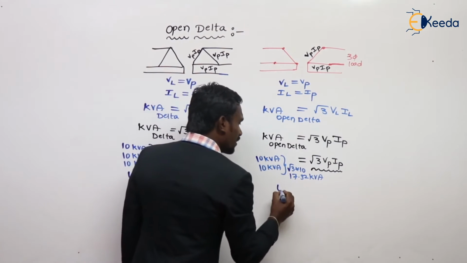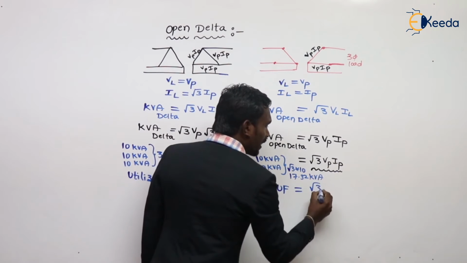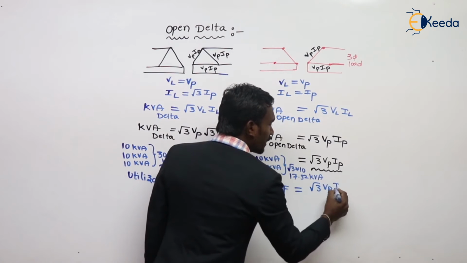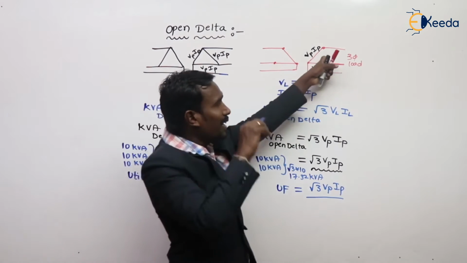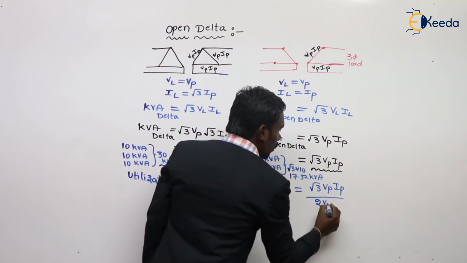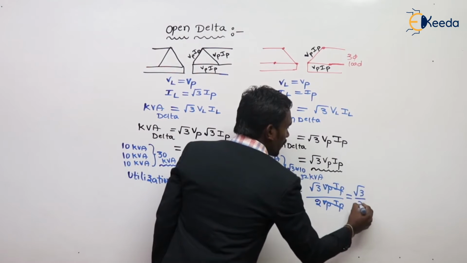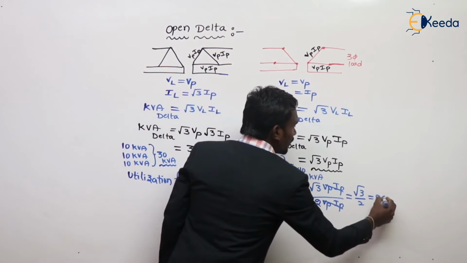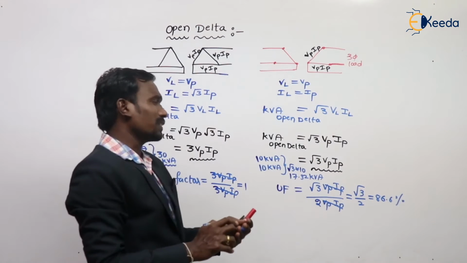But in open delta, the utilization factor is equal to load kVA divided by total kVA. Load kVA is root 3 times V phase I phase. The total kVA here is 2 transformers with V phase I phase each, so 2 times V phase I phase. These cancel, so the answer is root 3 by 2, nothing but 86.6% only.